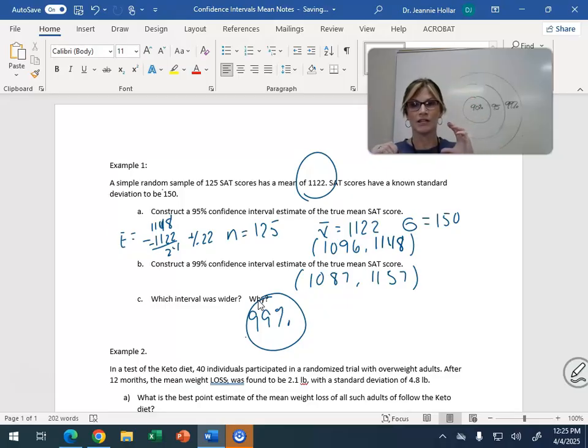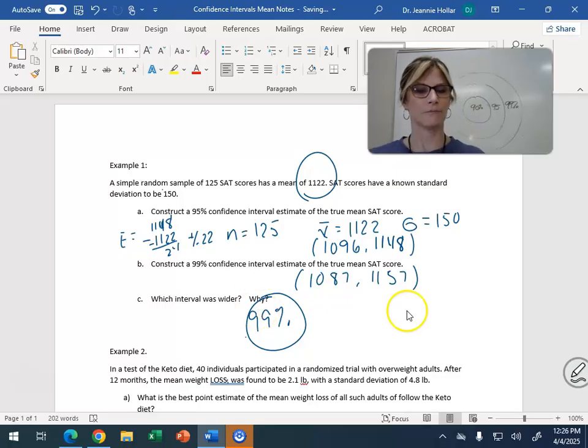Maybe you can hit the whole target 99% of the time because it's as big as like the broadside of a barn. It's even bigger. As your confidence interval gets bigger, the confidence level gets larger. 90%, 95%, 99%. Okay, so that's how that works.